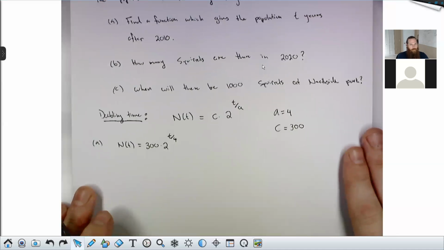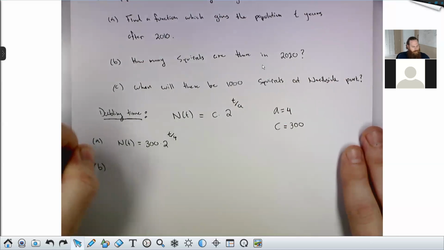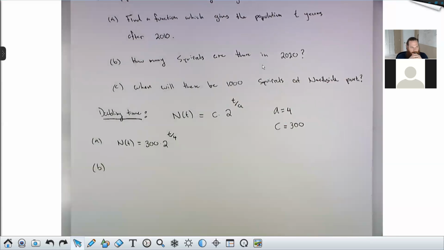In part B, we want to know how many squirrels there should be in 2020. How would we figure that out? Would we subtract 2020 minus 2010 to get t? Good. Yeah, I'm going to plug some t value into this function.